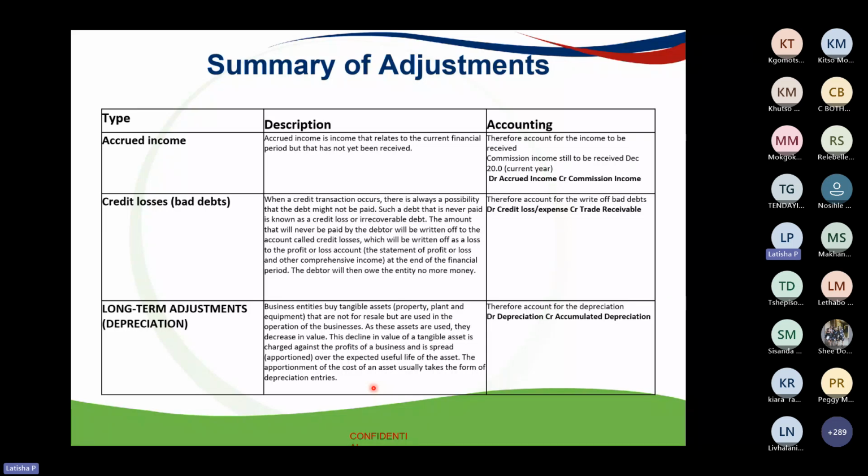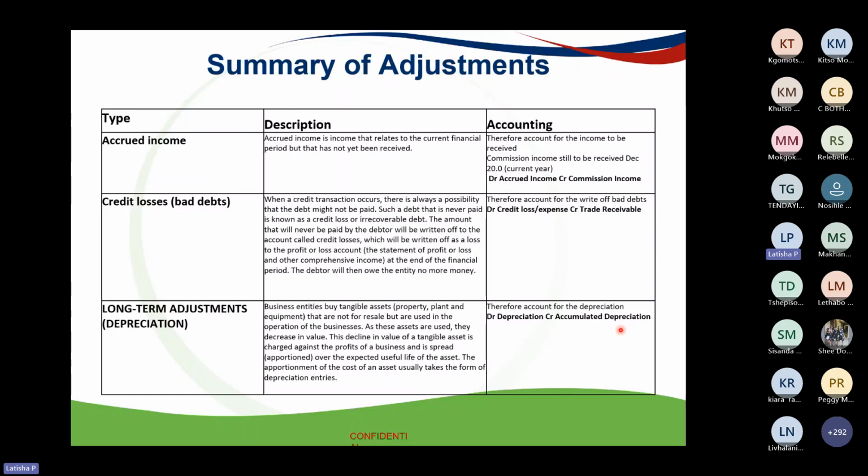That decrease is then accounted for over the useful life of the asset. Usually an example will tell you that, let's say you bought a machine and the write-off period is 10% per annum over the expected useful life. That is then what we record as depreciation, and that would be an expense. So you would debit depreciation expense and credit accumulated depreciation.